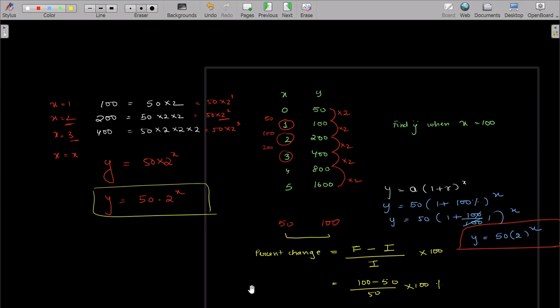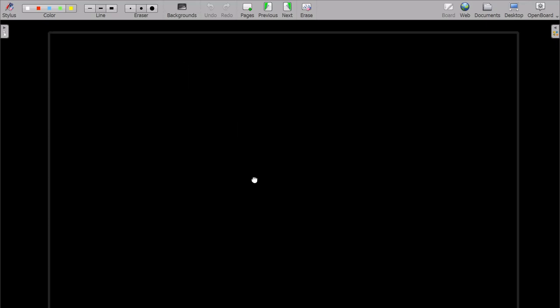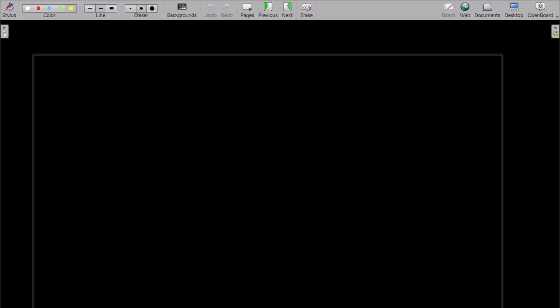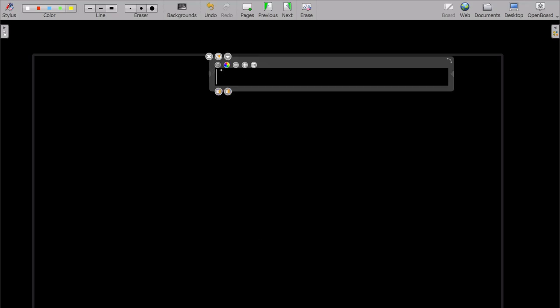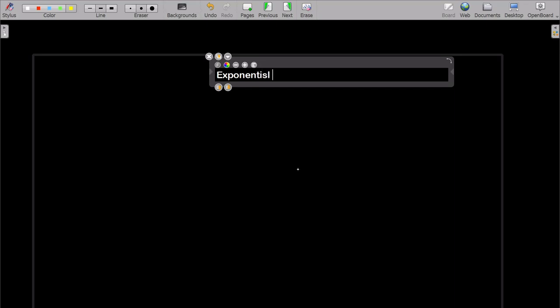Now the next one, Anika, is exponential decay. In decay, the values will keep on decreasing; we can understand that by the name exponential decay. Can you think of an example of exponential decay?